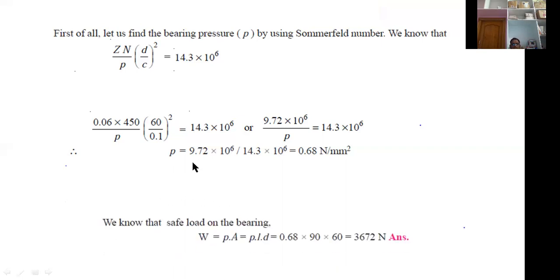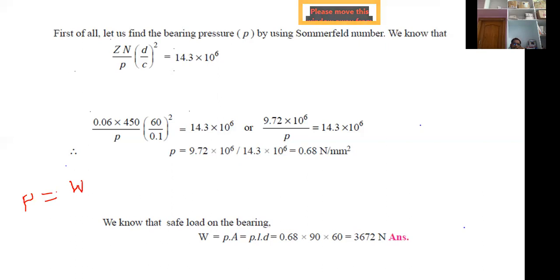Now, by using this pressure, you have to find the value of safe load. This is the formula for load. Already we know about bearing pressure: bearing pressure P equal to load by area.